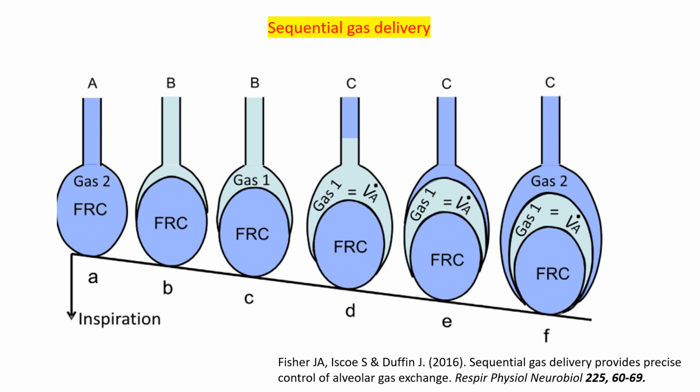The result is that only the specified volume of gas 1 with the specified mixture reaches the gas exchange space. And recall that gas 2 has no effect on gas exchange because it's already been used. So in this way, the respirator can control arterial blood oxygen and carbon dioxide independently and independent of the patient's breathing pattern.